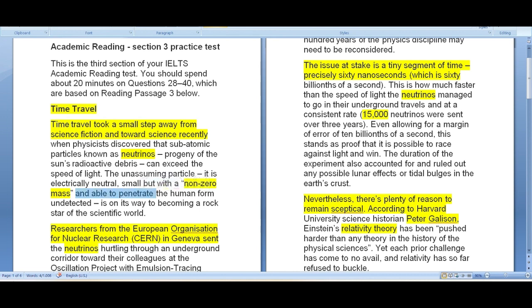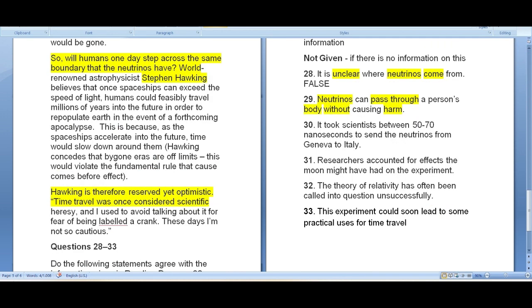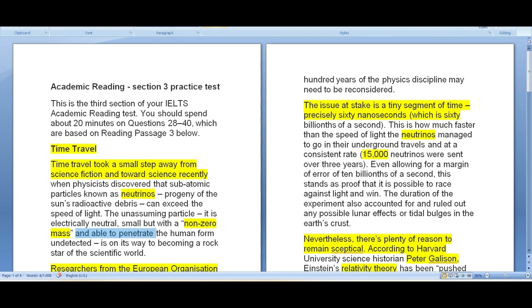Penetrate. What does penetrate mean? Pass through. So, here it is. Able to penetrate the human form, the human body, undetected. Undetected means without us realizing it, is on its way to becoming a rock star of the scientific world. So we have our answer here, and that's with the first paragraph.